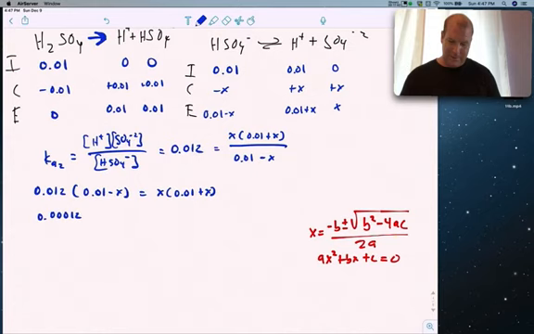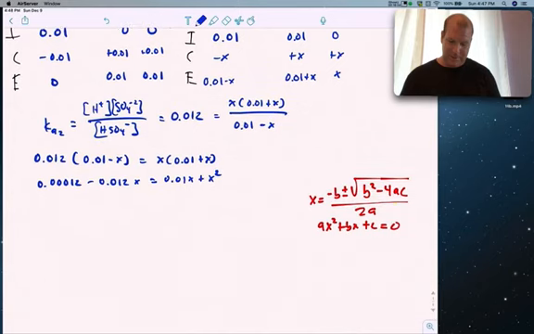So that's right, 2 zeros there. Minus 0.012x equals 0.01x plus x squared. So now we have to get into ax squared plus bx plus c equals 0.